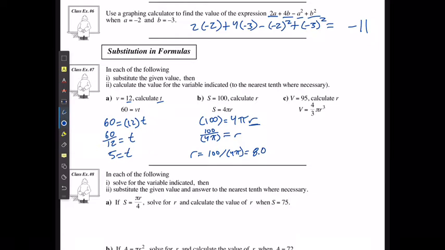For example C, if v is equal to 95, 95 is equal to 4 over 3 pi r cubed. To get rid of the 3, I'm going to multiply both sides by 3.